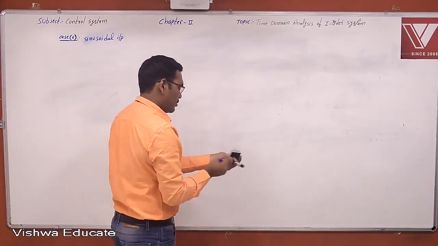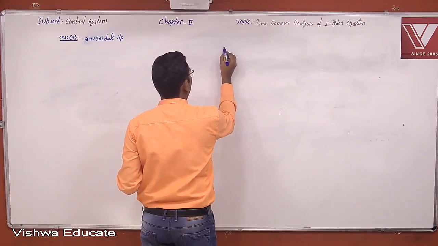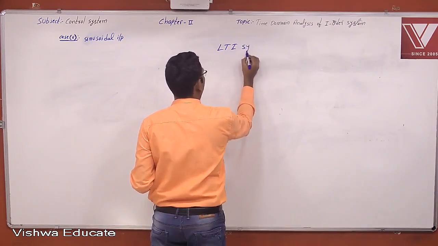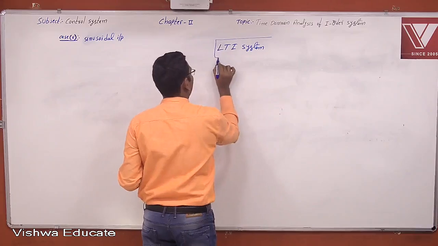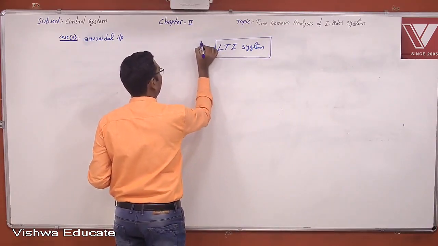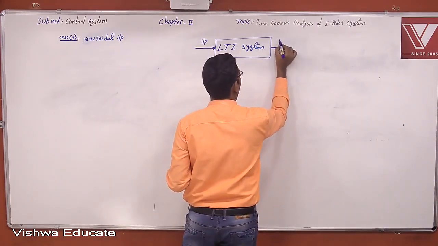Our control system, which is a combination of RLC circuit, is called a linear time invariant system. For this linear time invariant system, this is the input and this is the output.